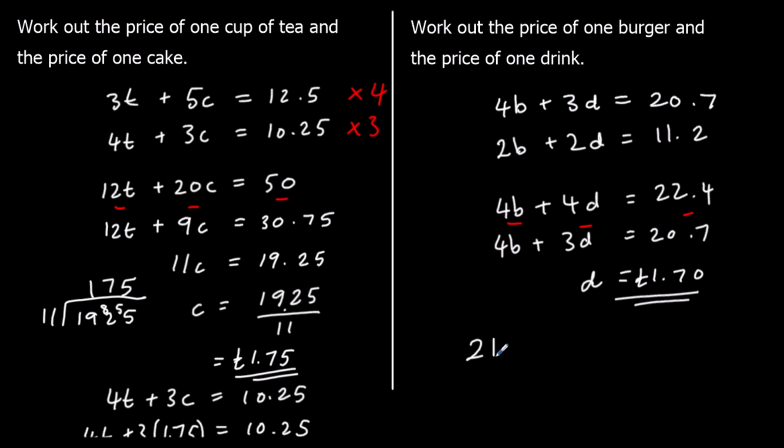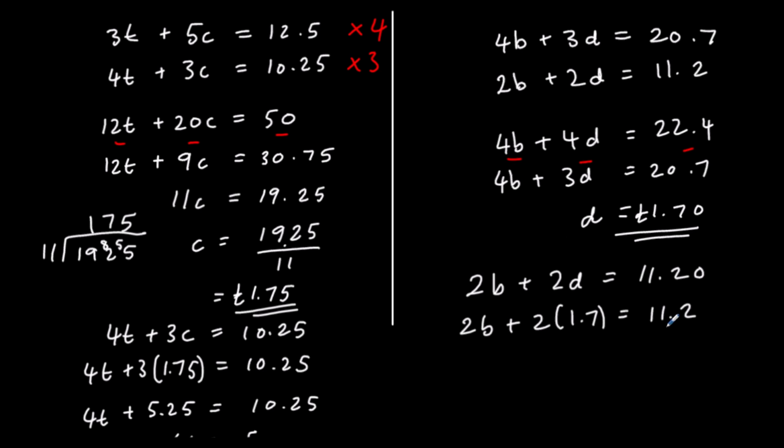And we know that 2 burgers and 2 drinks cost £11.20. So a drink is £1.70. So 2 burgers plus 2 £1.70s make £11.20. 2 1.7s are 3.4. So take away 3.4 from both sides.